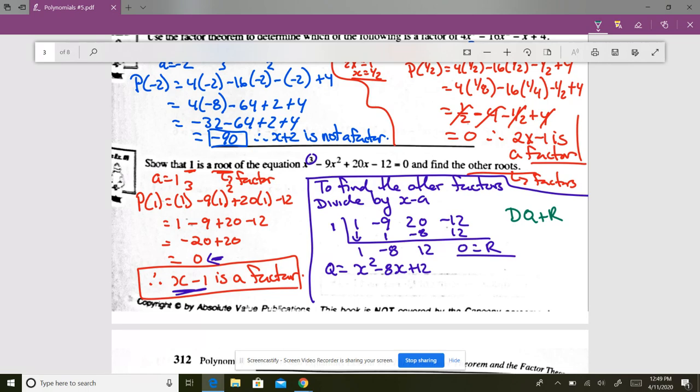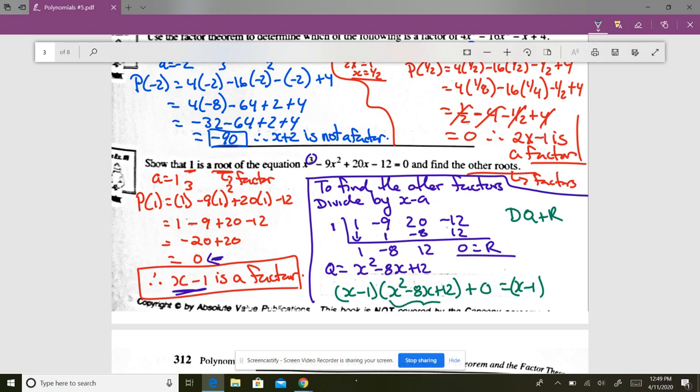So if I go d, what's my divisor? x minus 1, right? Times the quotient, plus your remainder, which is 0. So you don't even have to write that. So you can see that I have x minus 1.